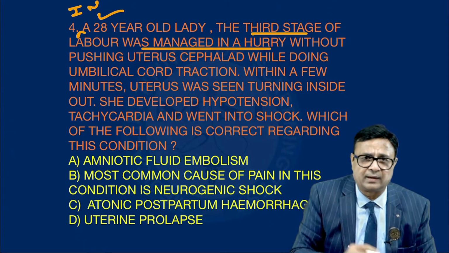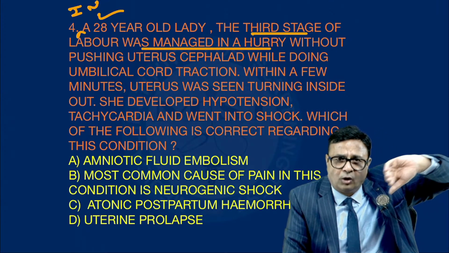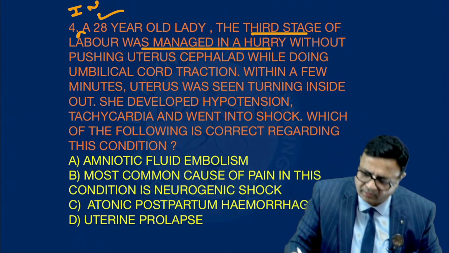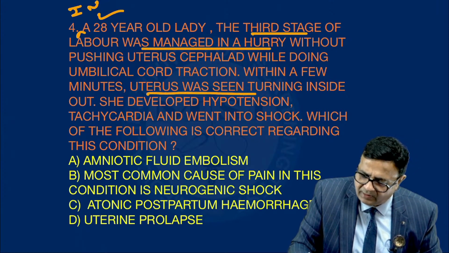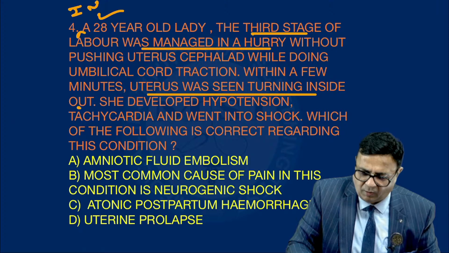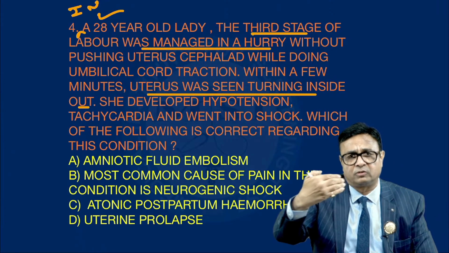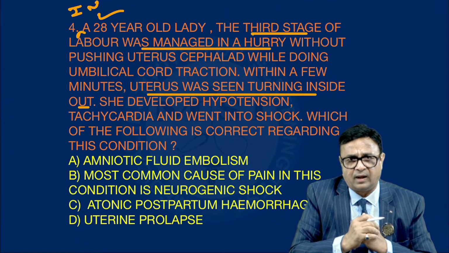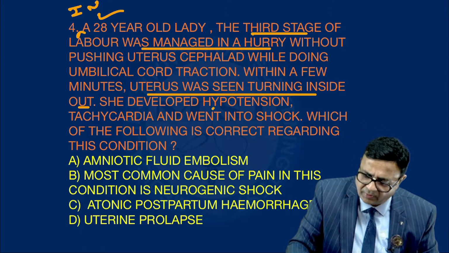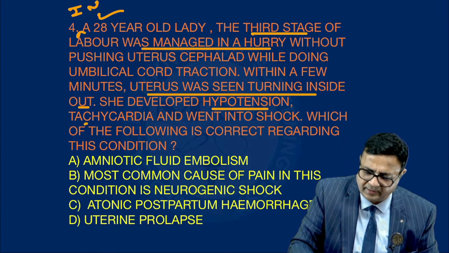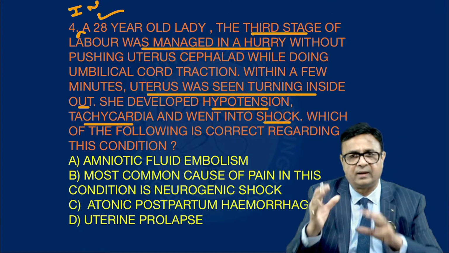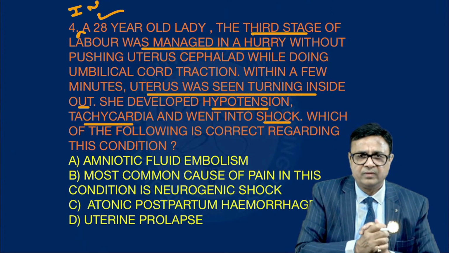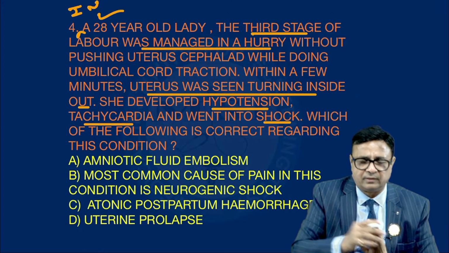Within a few minutes, uterus was seen turning inside out. Then she developed hypotension, tachycardia, means she is developing shock and went into shock. Examiner has clearly used the word shock. Which of the following is correct regarding this condition?